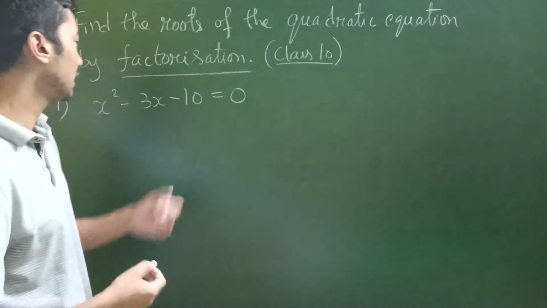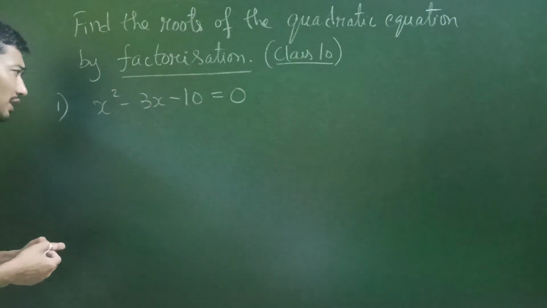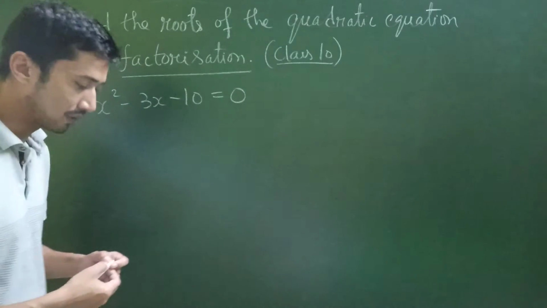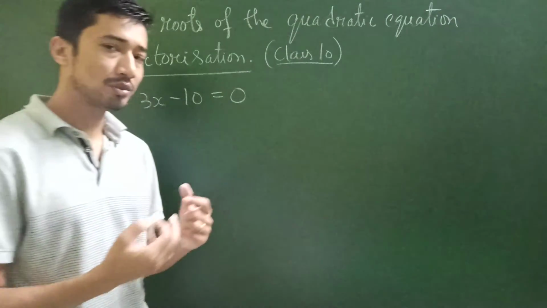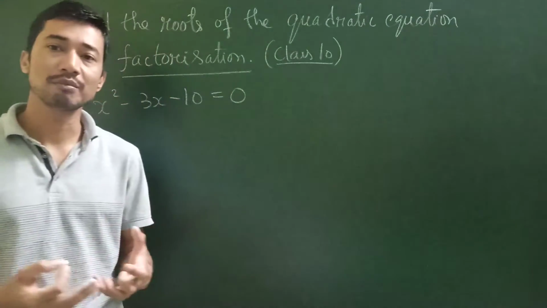Now looking at this question, x square minus 3x minus 10 equal to 0. Here I will use the splitting the middle term method only.